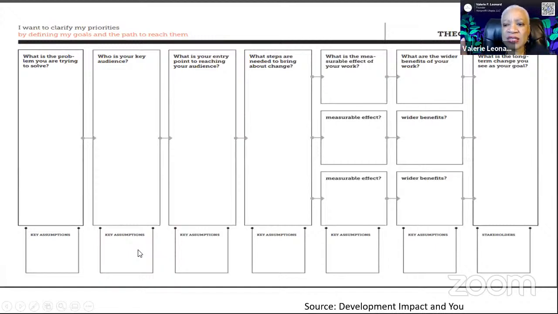And ideally, you want to take this chart and blow it up to poster size and use it to do brainstorming within a group. You never want to do a theory of change in a vacuum.